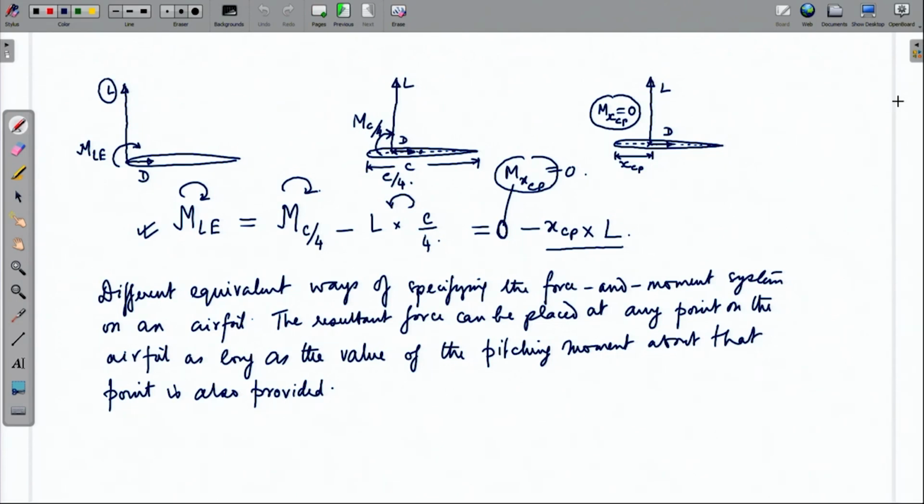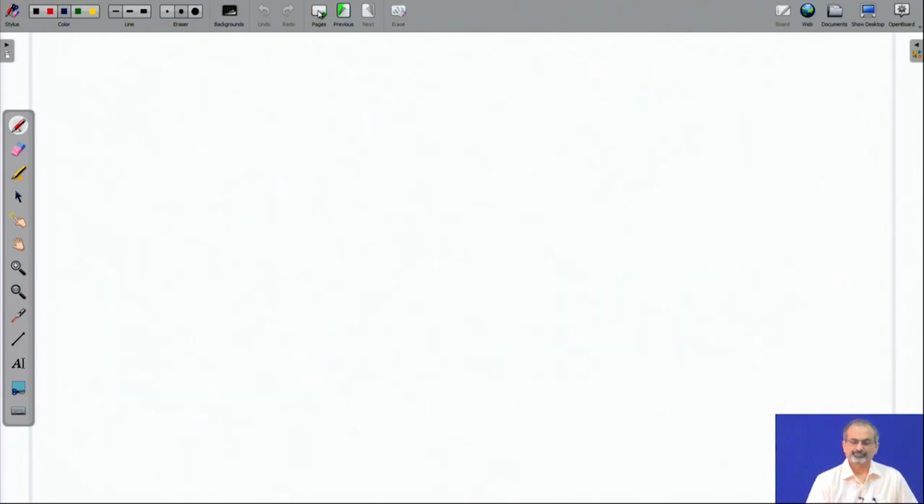So, in the previous lecture, we had discussed the concept of center of pressure, and we also discussed the geometry of an airfoil. We very importantly introduced the concept of camber.